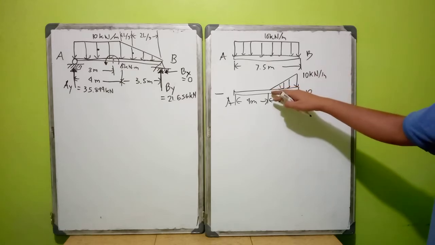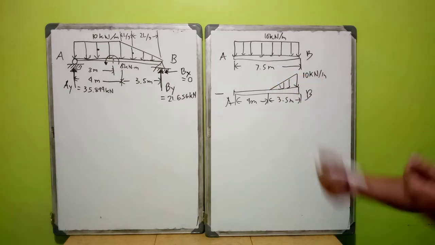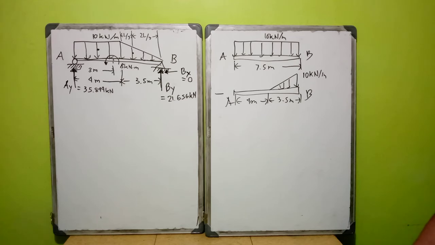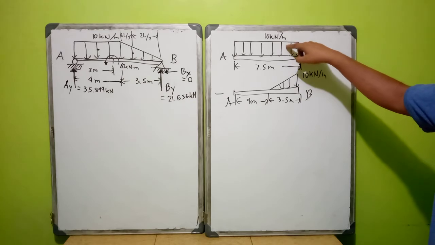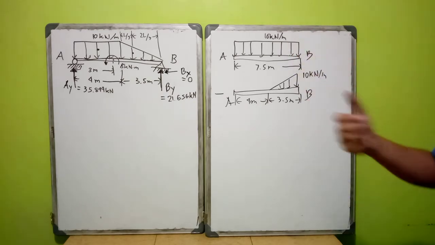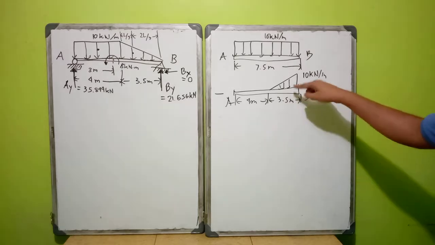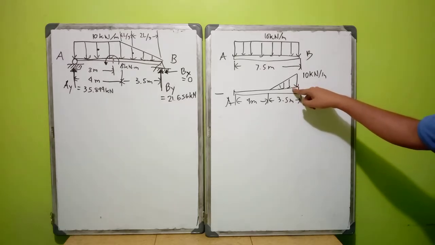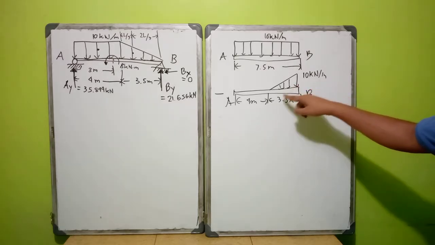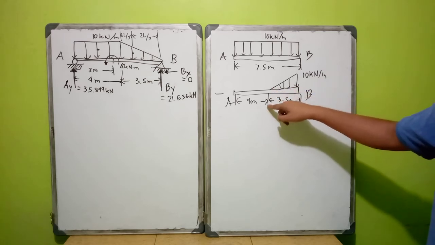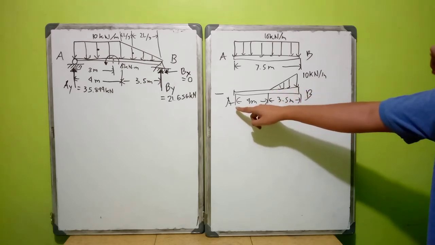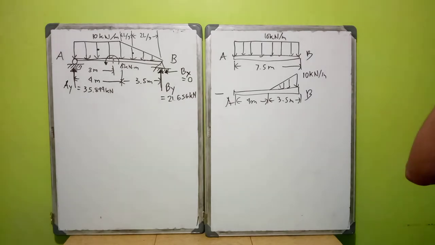If it is the other way around, if it is decreasing, you need to convert it into another load. But here it is equivalent to this loading, 10 kilonewton per meter rectangular minus 10 kilonewton per meter triangular. This is triangular starting from 4 meters from the left support, or from A. So if that is the case, we can already write the shear and moment equations.